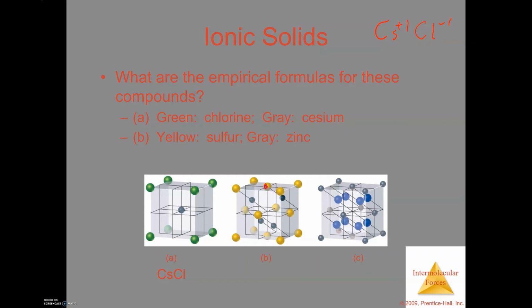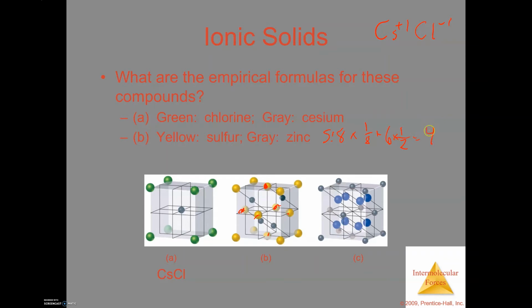You can see the face 1, 2, 3, 4, 5, 6. We found it on the face there. So for sulfur, you're going to have 8 times 1/8 because you have the corners, plus, because we have to add in the face now, there are 6 faces times 1/2. And so that equals what?